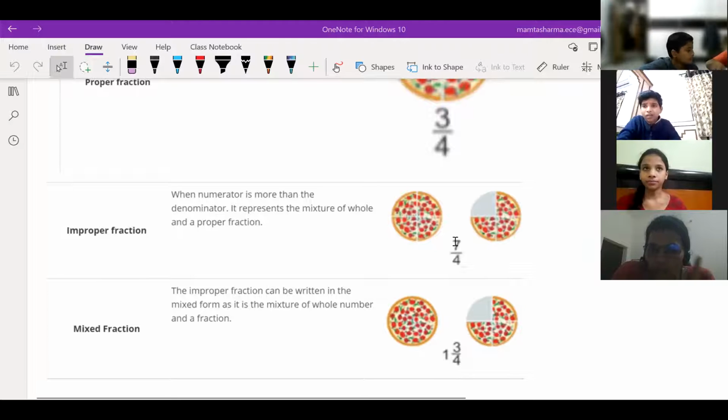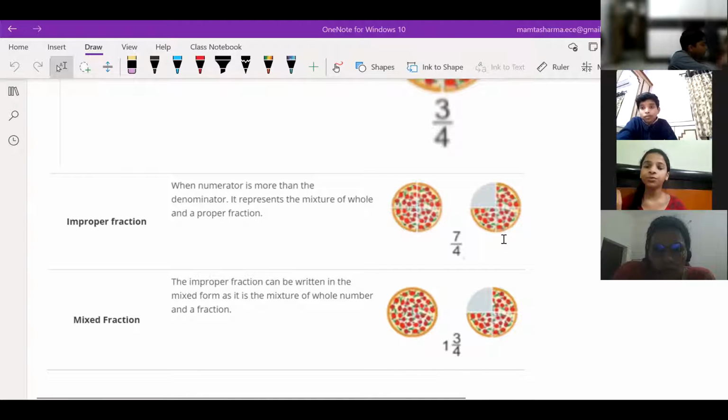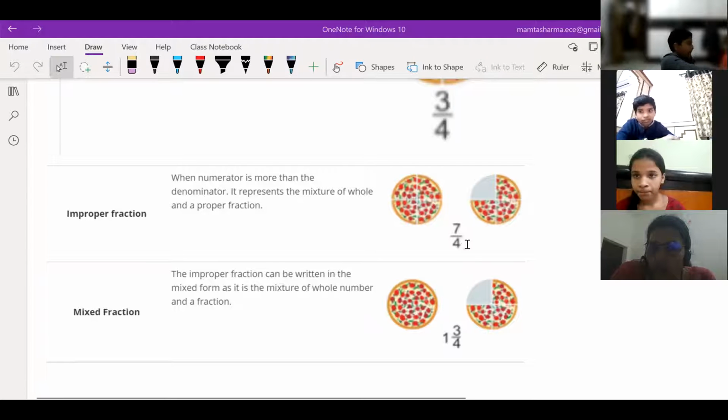So here in 2 pizzas, how many pieces are left? 1 is left. In total 7 pieces are left. And 4 pieces are there in 1 pizza. So 7/4. This fraction is an improper fraction, because here the numerator is more.